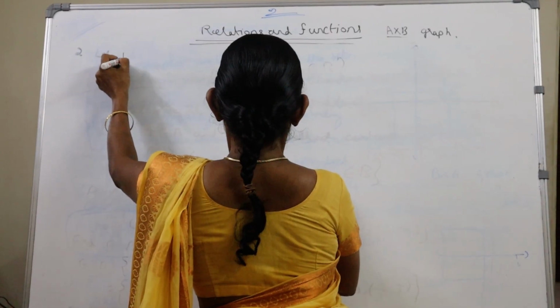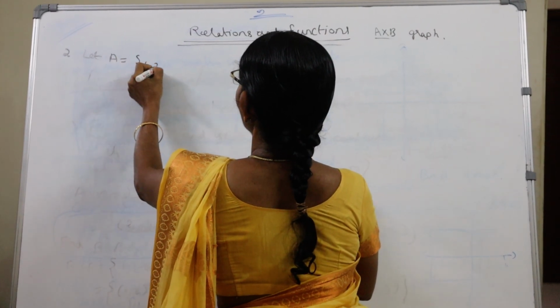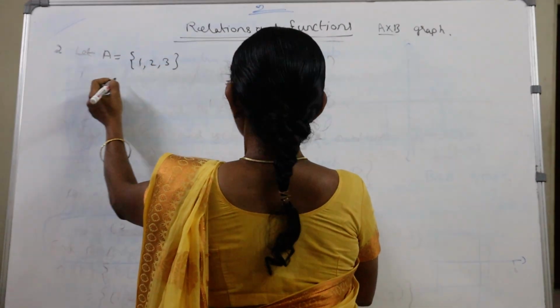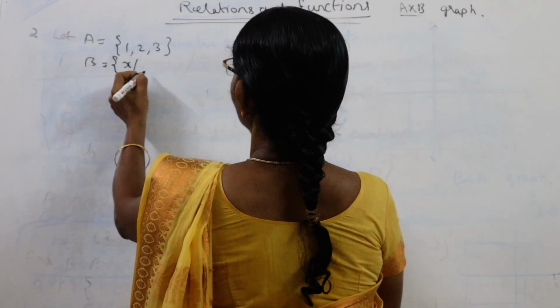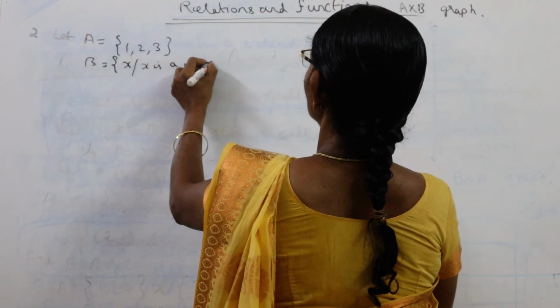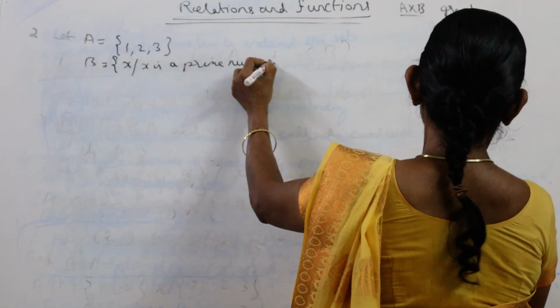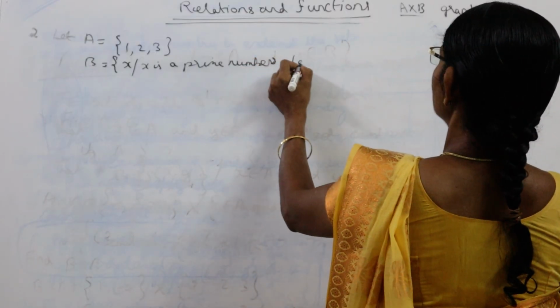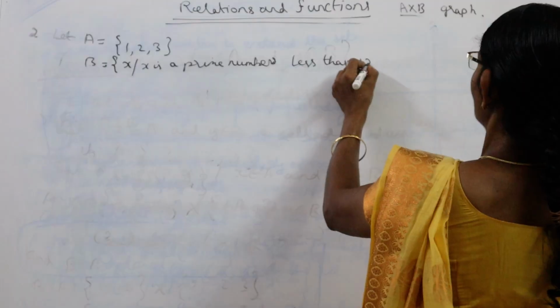We'll do the second sum. A equals the set {1, 2, 3}. B equals the set of all x such that x is a prime number less than 10.